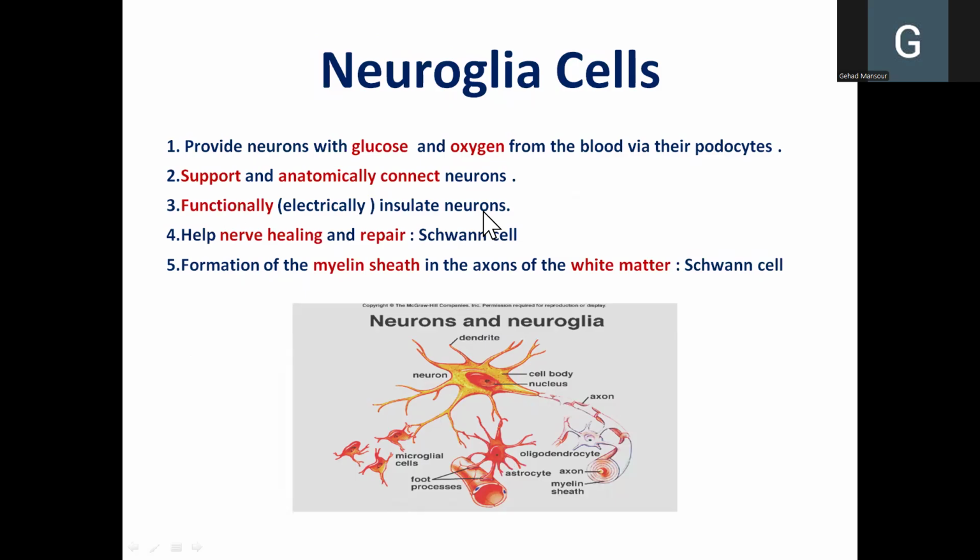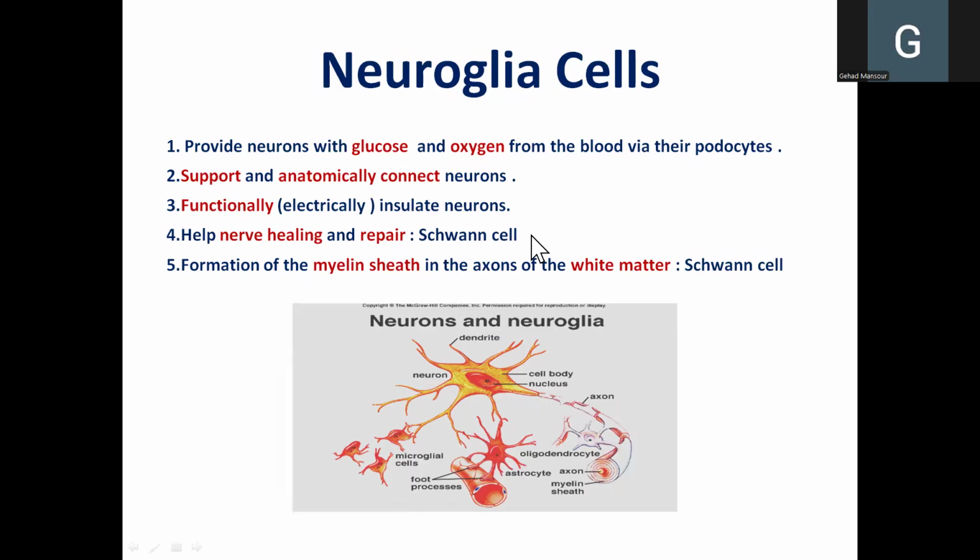They insulate the neurons, partly because they form the myelin sheath, which is an insulator, and partly because they themselves are considered insulators since they do not transfer any type of electricity. They support the neurons just by being there, and they anatomically connect the neurons, as you can see, and they help healing and repair.